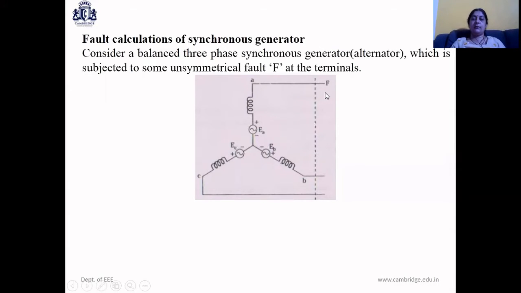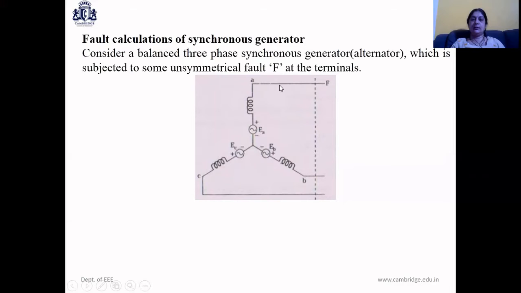Otherwise, if the fault is not there on the system, this part represents the balanced three-phase generator which is having an impedance Z in each of its phases and an EMF induced EA, EB and EC in its phases A, B and C respectively, such that the magnitudes of EA, EB, EC are all equal to one another and they are 120 degrees with respect to one another.